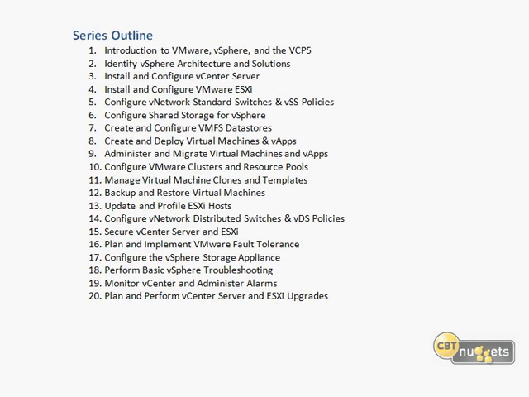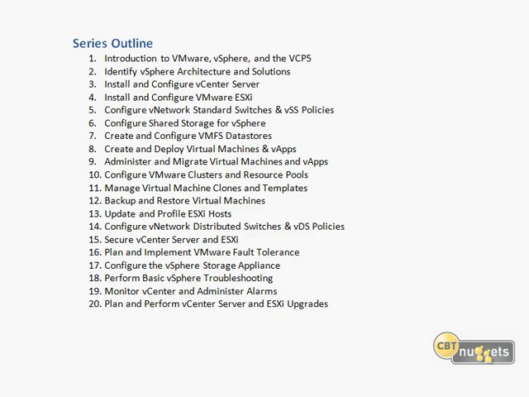Now, how to get there? What are the steps we're going to go through in order to get to this nirvana of VMware bliss? You'll find, and it's funny, because everybody always wants to get to working with virtual machines first, or it's like, hey, let's start working on a DRS load balancing cluster. That's what I want to see.